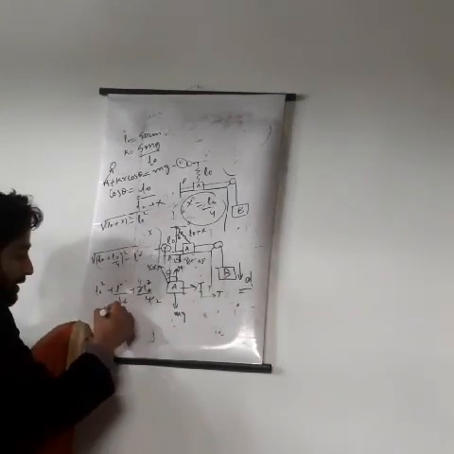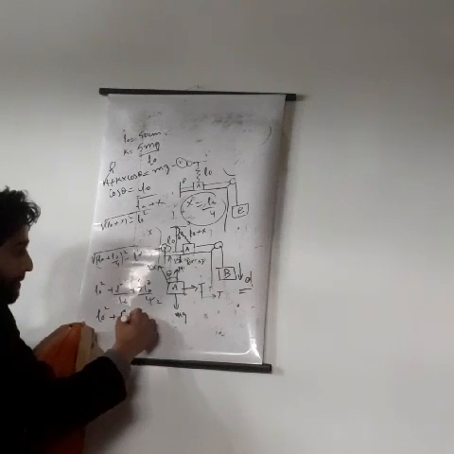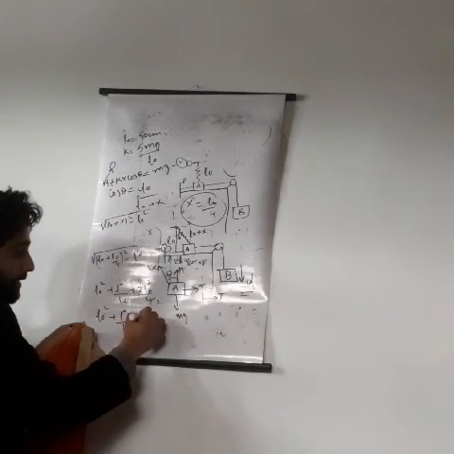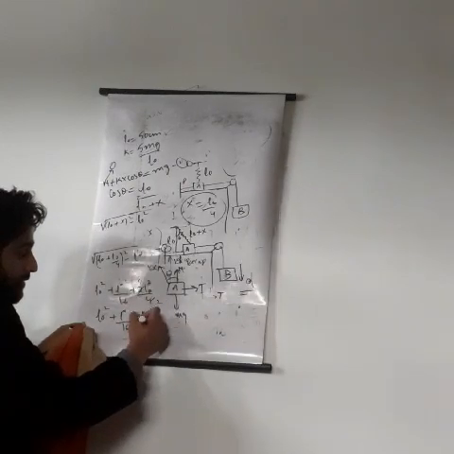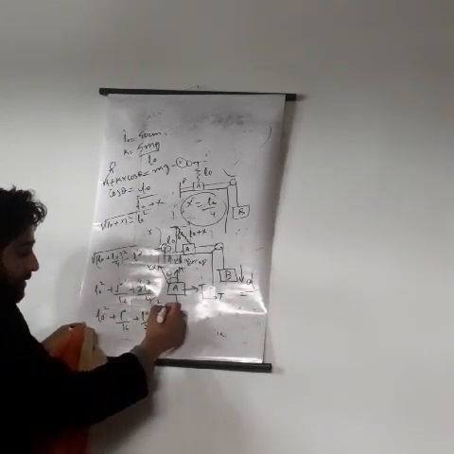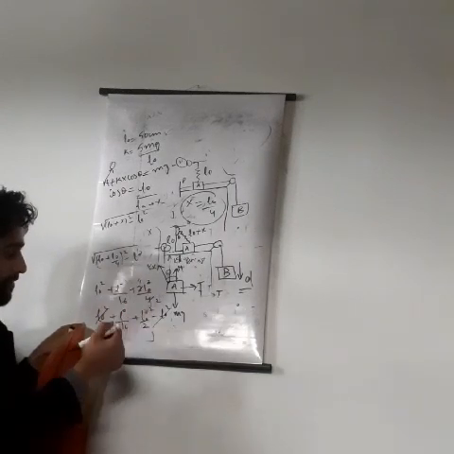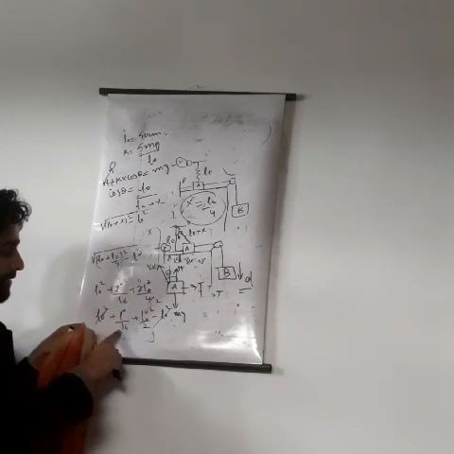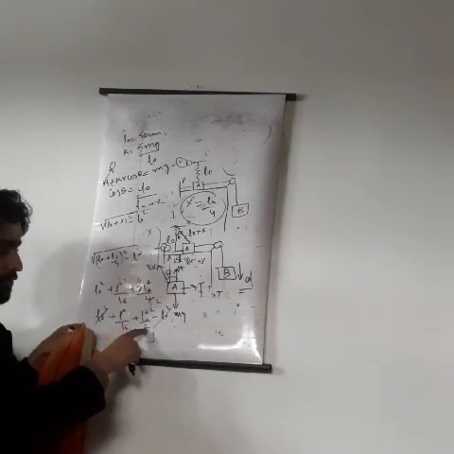So we are left with L naught square plus L naught square by 16 plus L naught square by 2 minus L naught square. So the L naught square will go. All we are left with is L naught square by 16 plus L naught square by 2.